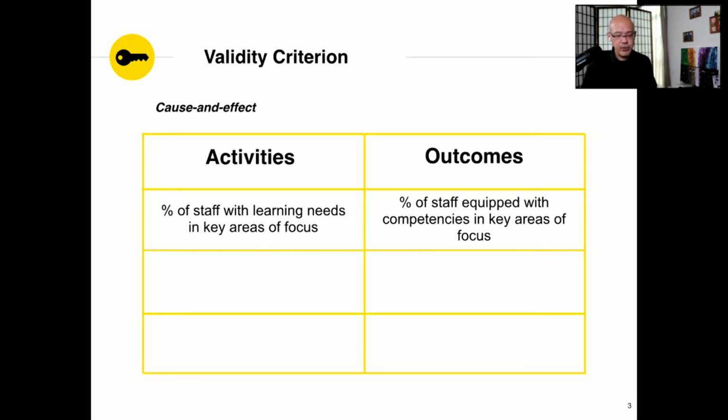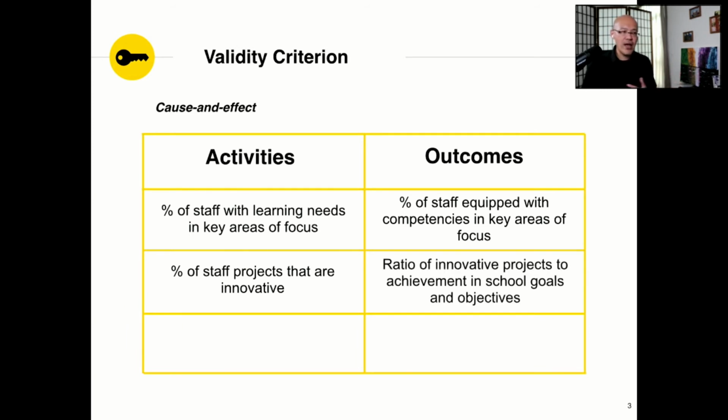Another example is, perhaps you want your staff to be innovative. So you want to see the percentage of staff projects. Perhaps your staff engage in many types of projects, but you want to see what percentage of those projects are actually innovative. Because if there is an increase in the number of innovative projects, there is a higher chance that some of them might lead to a breakthrough, might lead to the attainment of school results.